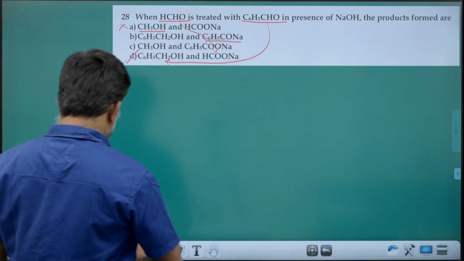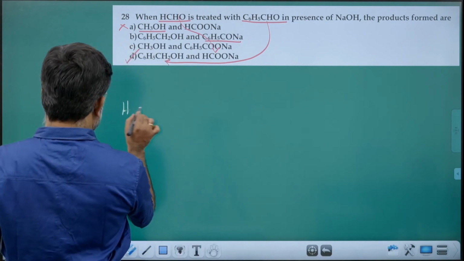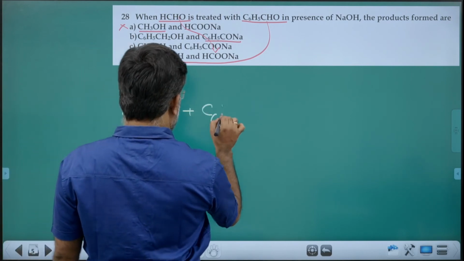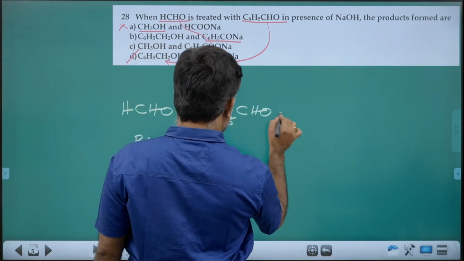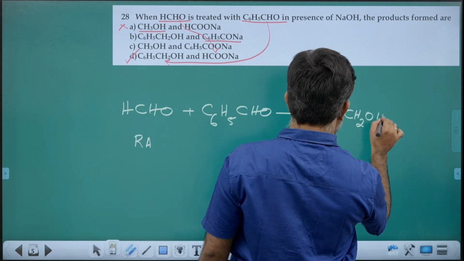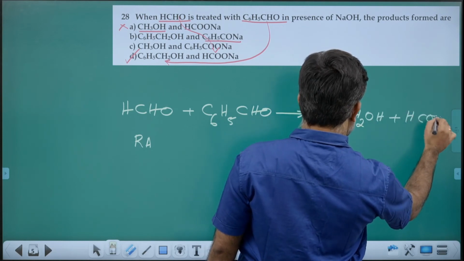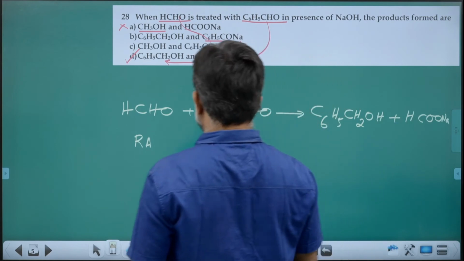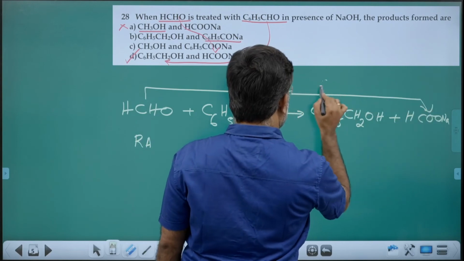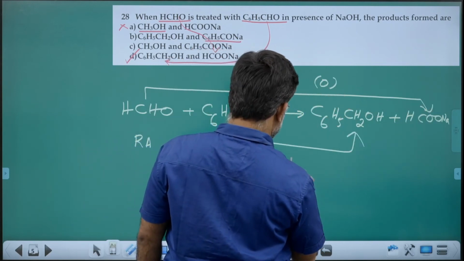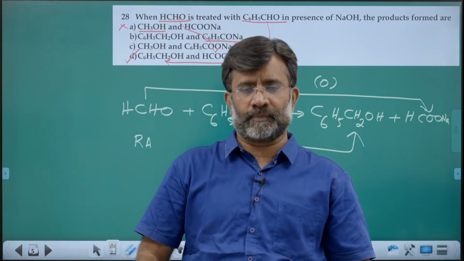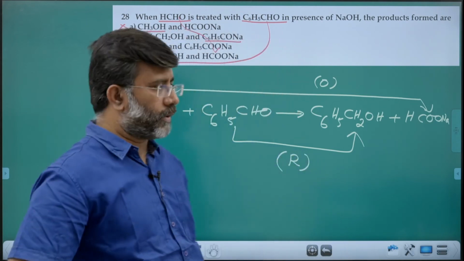This is what is happening. HCHO acts as a reducing agent and it reduces C6H5CHO to C6H5CH2OH, and itself it is converted to HCOONa since it is alkaline medium. So this is oxidized and this is reduced. And this is the Cannizzaro reaction. Next one.